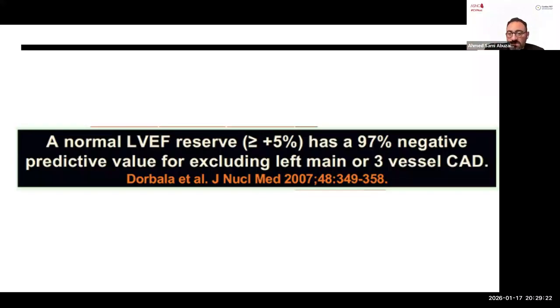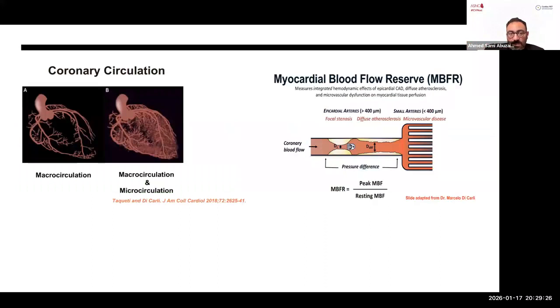Number one is ejection fraction, and next we're going to learn about myocardial blood flow. With myocardial blood flow, we think a little bit about blood flow in the coronaries, in the large epicardial blood vessels, and also the microcirculation.